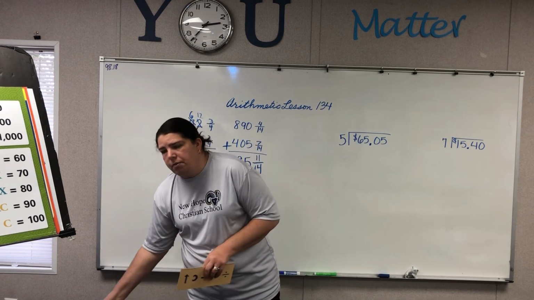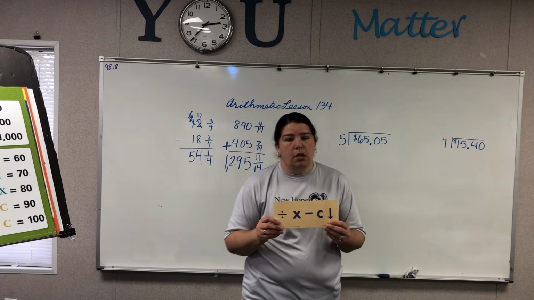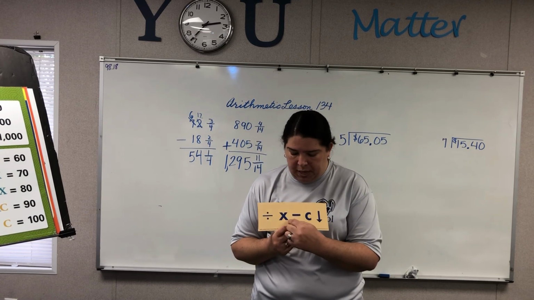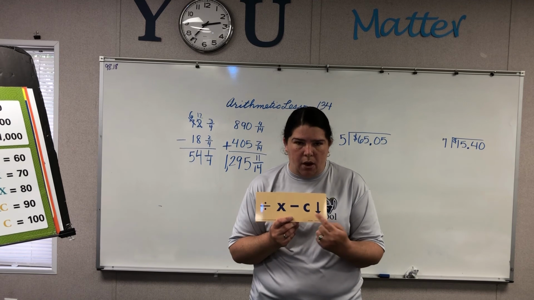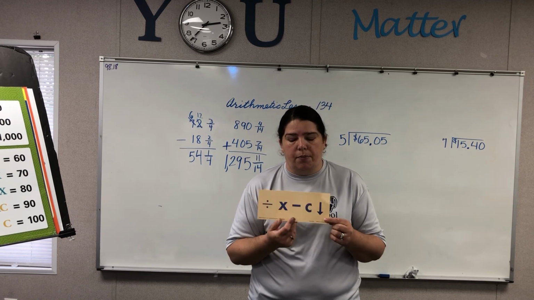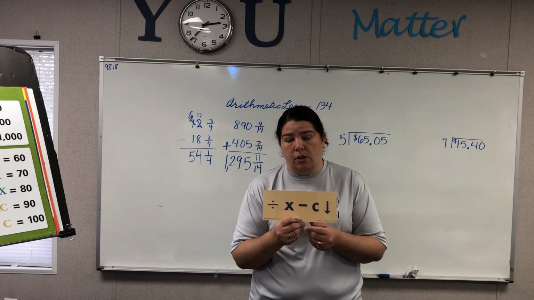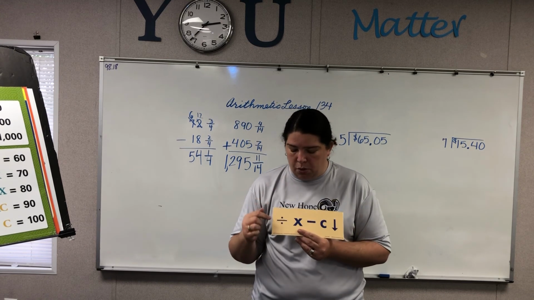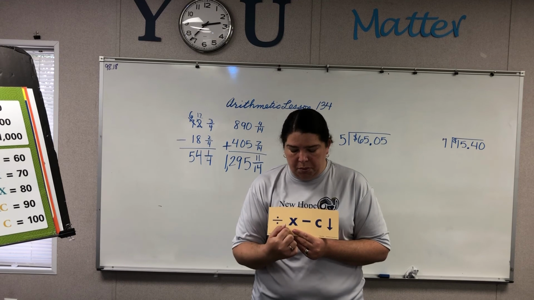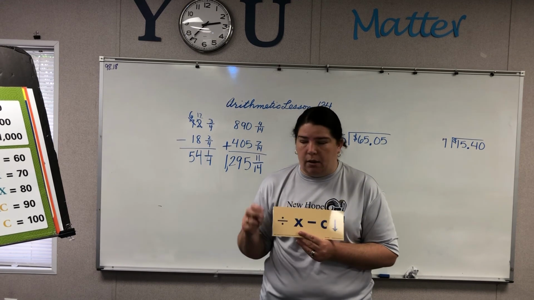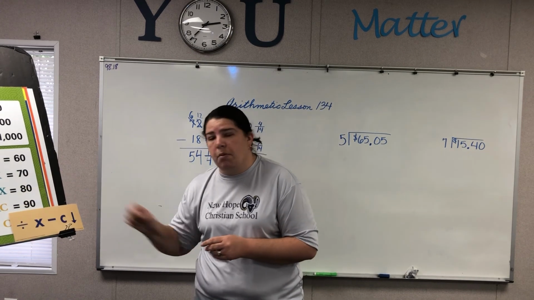Okay, one thing I wanted to go over with you was your steps to division. When we're doing long division, you need to know your steps. So here's the way that we remember. Division, multiplication, subtraction, compare, bring down. These are our 5 steps to division. Let's go over it one more time, and then I'll show you some hand motions. Division, multiplication, subtraction, compare, and bring down. So this is the way that I remember.